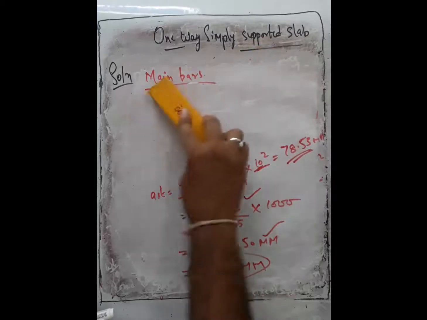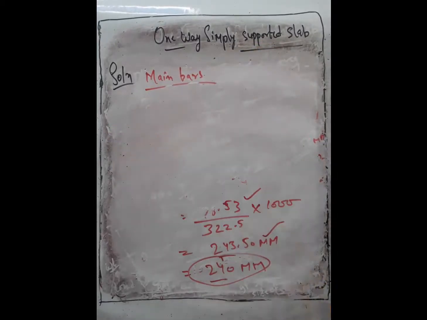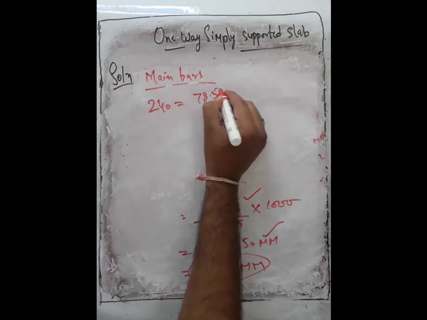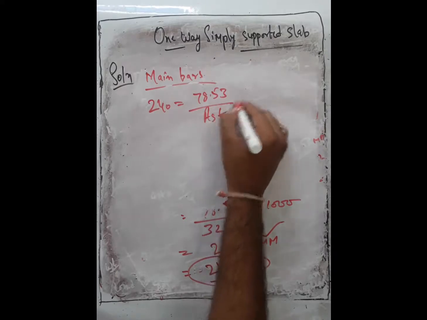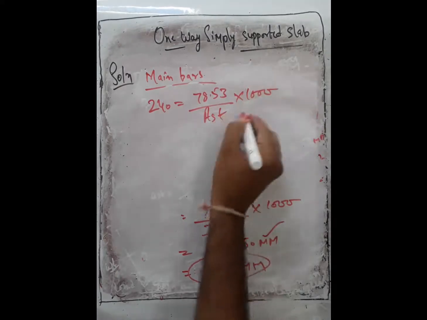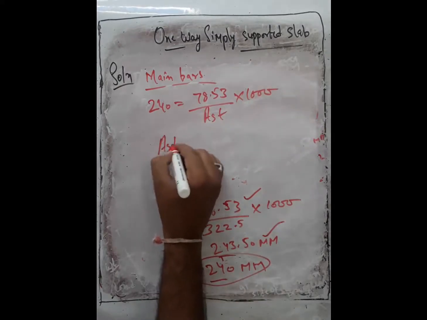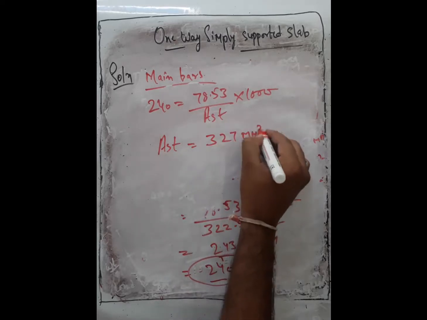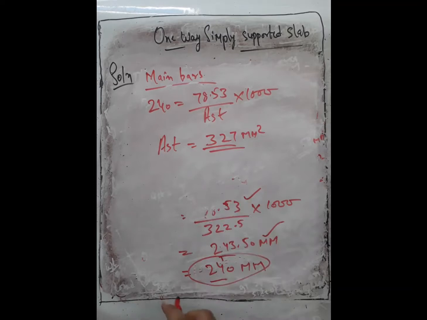So for finding the overall AST we use the same formula and we put the spacing value, means here we put 240, here we take 78.53, and here we provide AST into 1000. So with the help of this equation, if we find the AST, we get 327 mm square as a total area of steel.